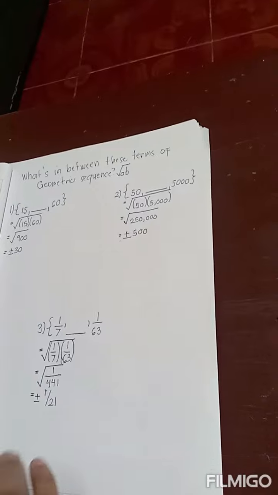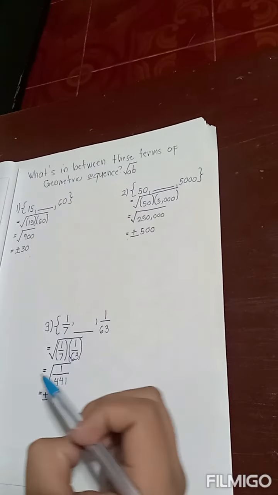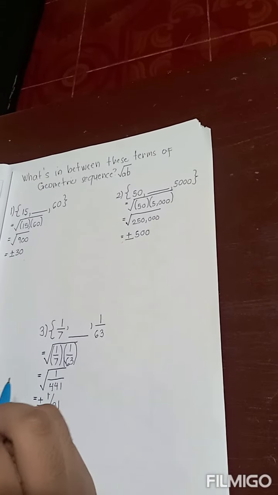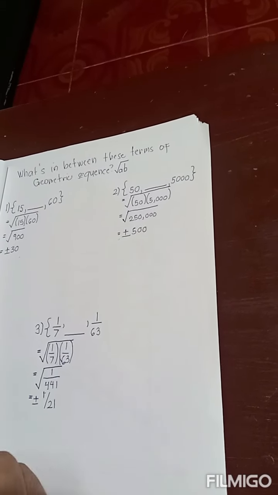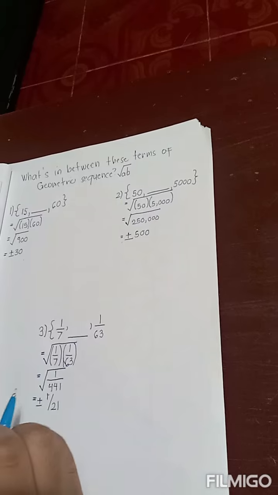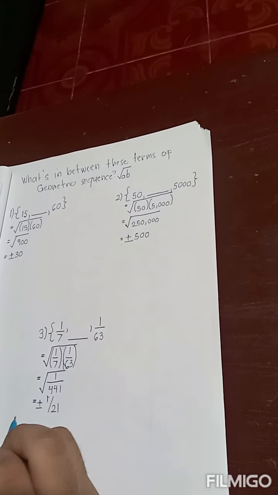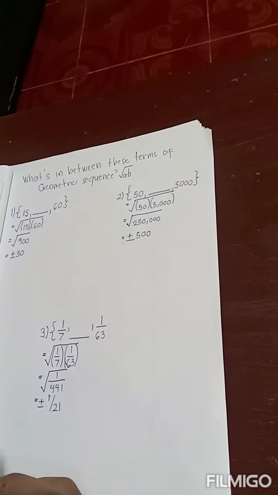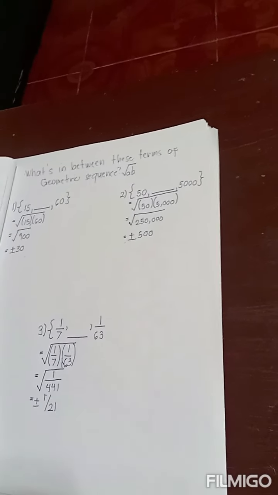And last, in fraction, which is a little bit tricky, the square root of 1 over 7 times 1 over 63 equals the square root of 1 over 441, and the answer will be positive and negative 1 over 21.